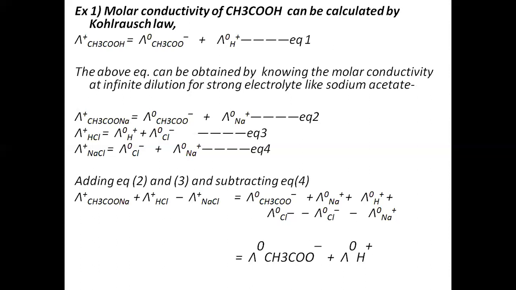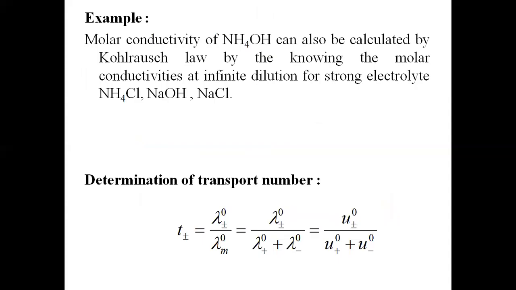Rearranging that, lambda 0 Cl minus cancels, Na plus cancels. So we get lambda 0 CH3COO minus plus lambda 0 H plus. That is our aim. In this way, we can find the molar conductance of a weak electrolyte by using Kohlrausch law. This is another example you can do yourself: find the molar conductivity of NH4OH.